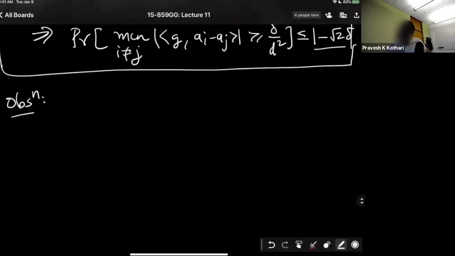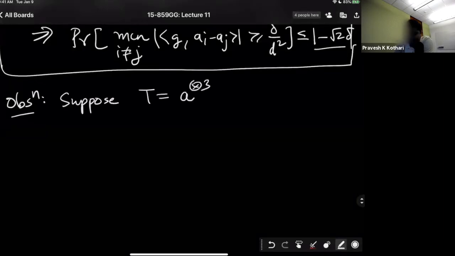Okay, it is such a simple trick, but sometimes it can be confusing with the notation. So let's do it, okay? Let's first imagine that T happens to be rank 1. Suppose T is this tensor, a tensor to the 3, for some vector a.